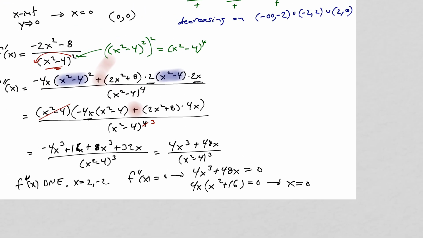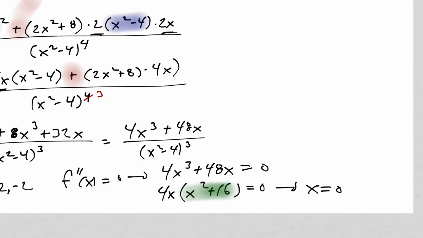But it doesn't have any additional factors. It doesn't have any additional partition points, because this other factor will never equal 0 for the same reason that we saw earlier. X squared is always non-negative, and adding 16 will always then make that positive.